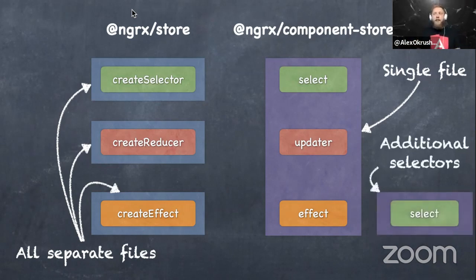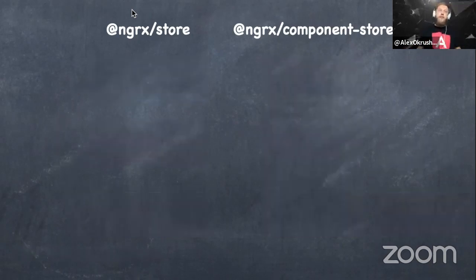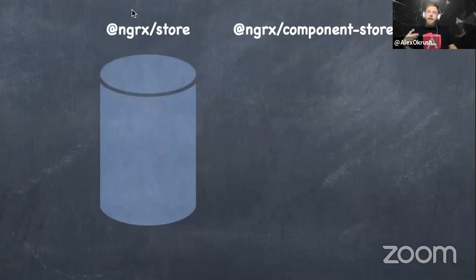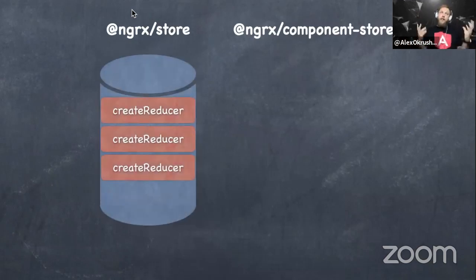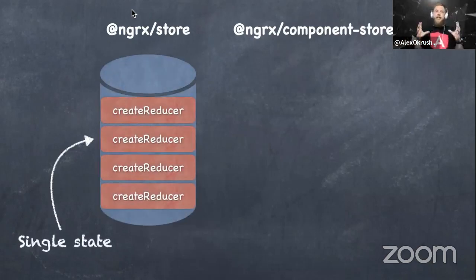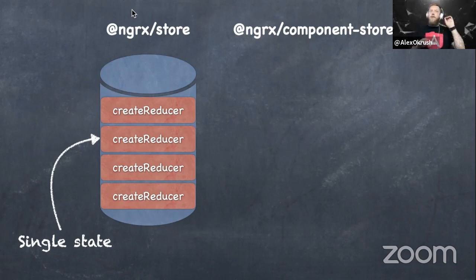There are some exceptions for additional selectors, but we won't be covering that today. So this is the first big difference, how things are structured. Also, with regards to the state itself, in the NgRx global store, we have a single shared state, and we have multiple reducers that are each responsible for its own slice. So they're not overlapping, but it's a single state.